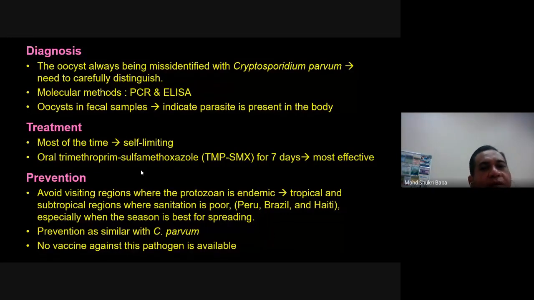Okay, treatment macam saya kata tadi juga sama juga. Okay, TMP-SMX for 7 days is most effective. And basically kalau kita tak bagi treatment pun still okay because dia self-limiting, but tendency untuk you experiencing the relapse of the infection may be tinggi lah. Alright.